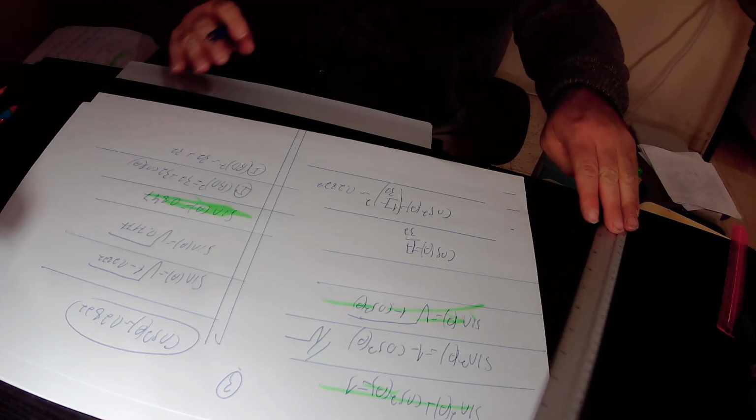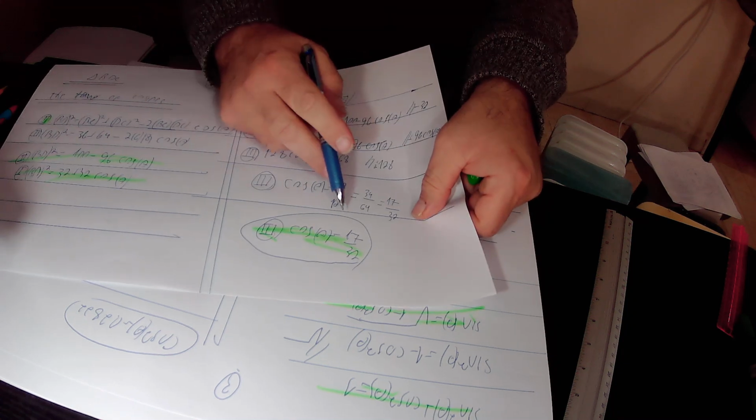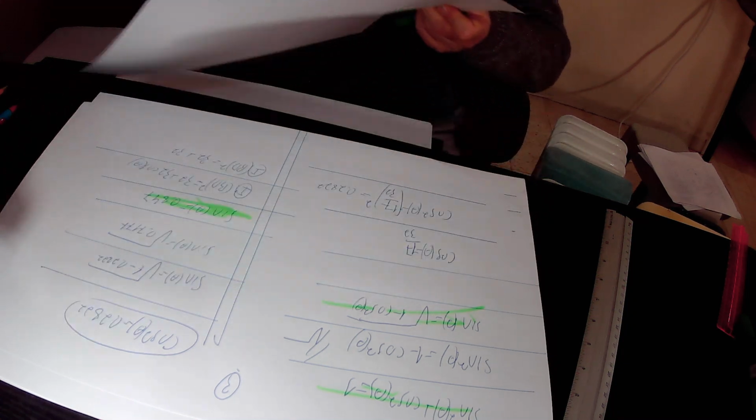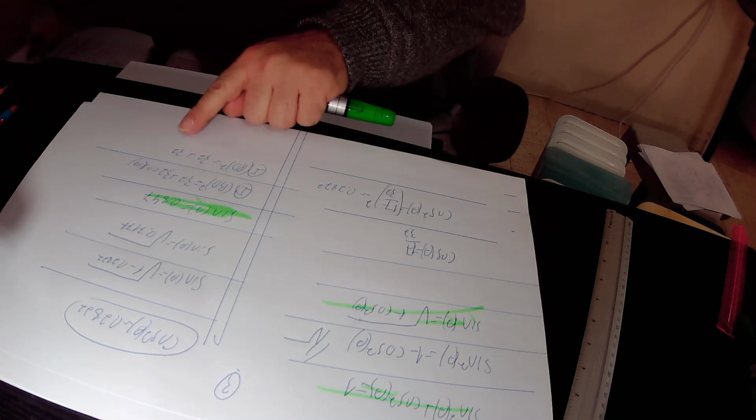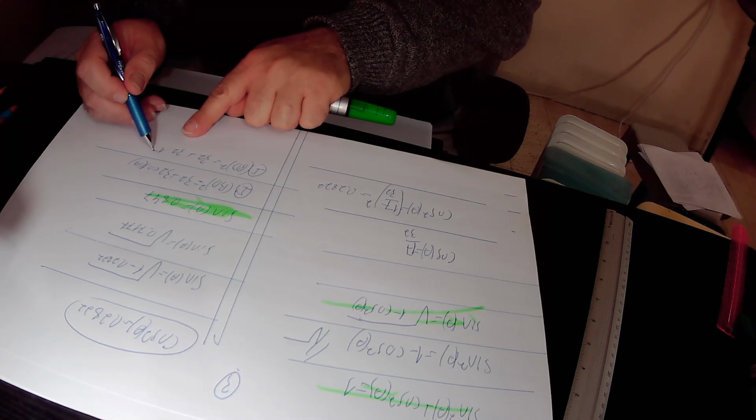And cosine theta equals 17 over 32. So cosine theta is 17 over 32.